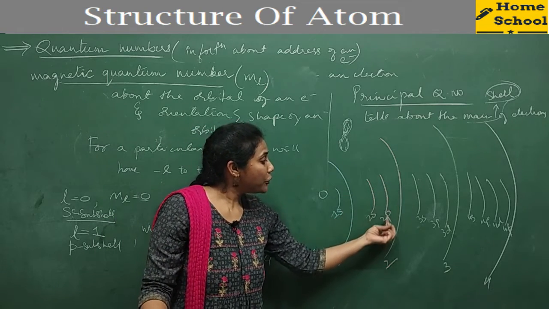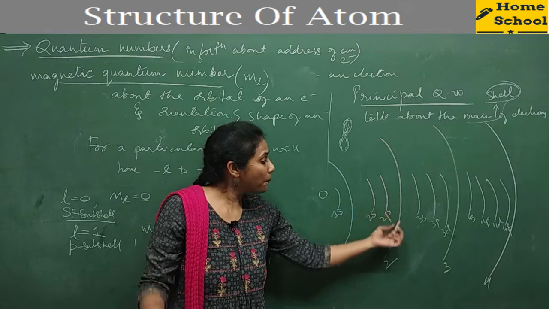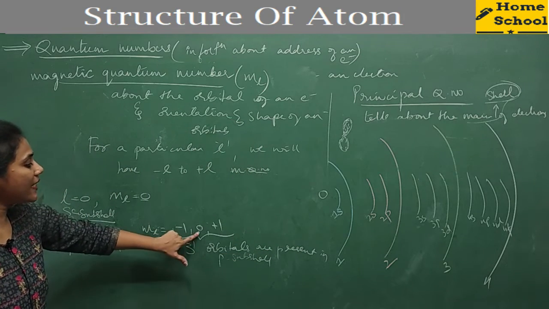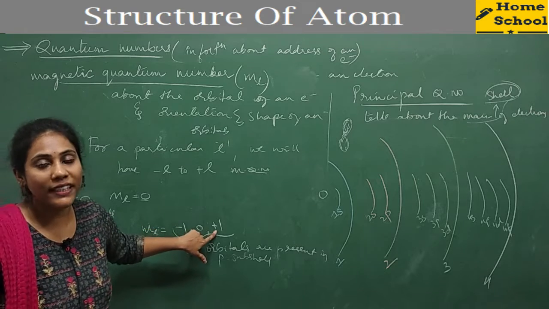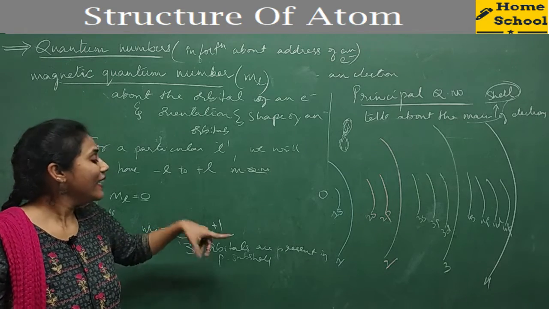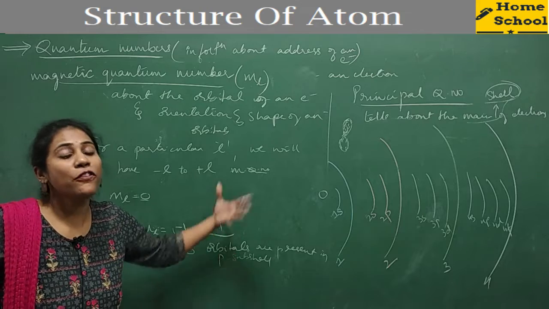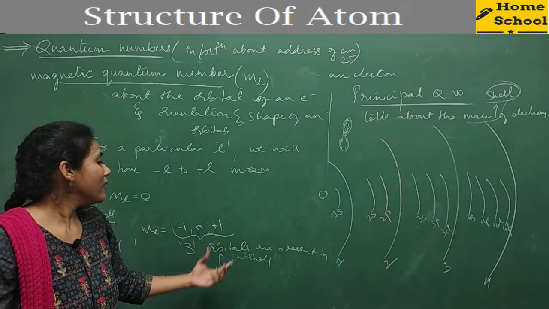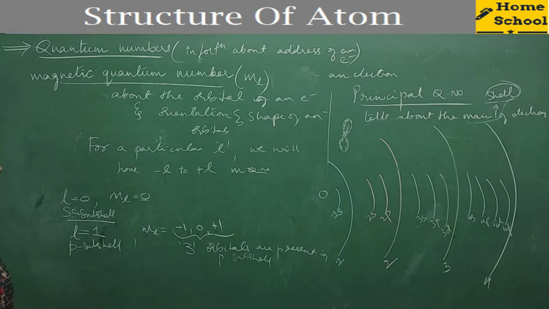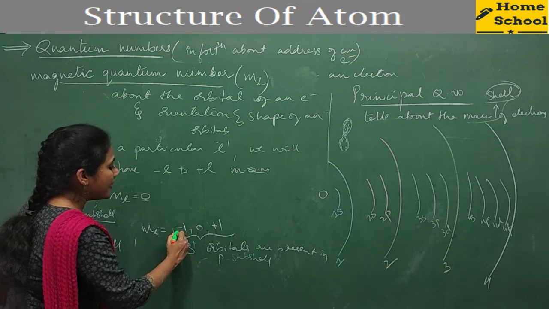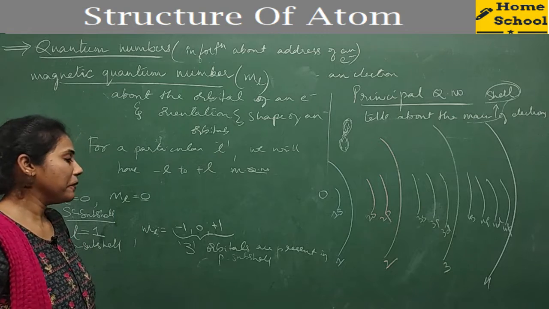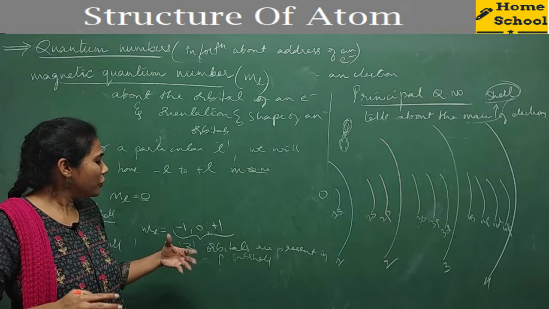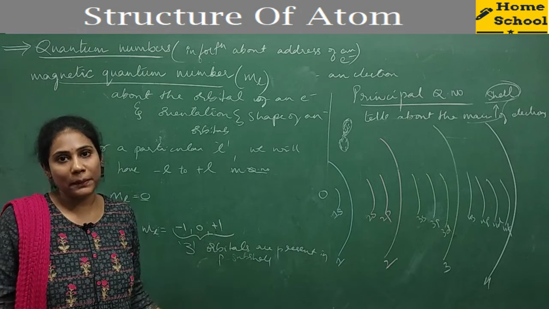But you see, you have the 2P district, right? In this 2P district, how many towns are there? -1 town is there, 0th town is there, +1 town is there. So 3 orbitals are there in the P subshell. What are they? -1, 0, +1. These numbers actually indicate, it is like a name of those orbitals.